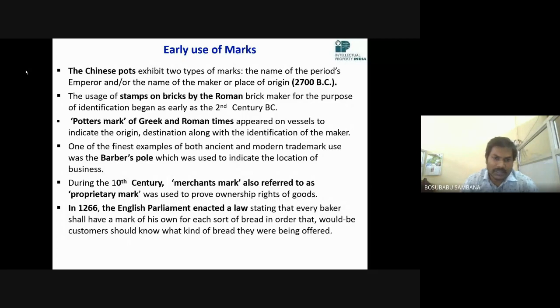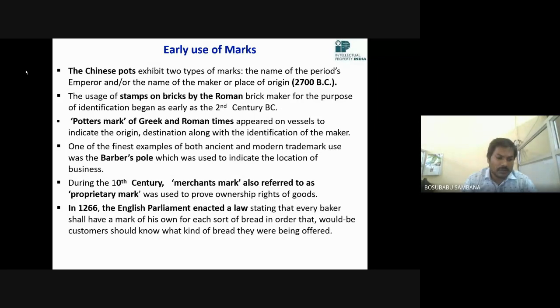During the 10th century, merchant's marks, also referred to as property marks, were used to prove ownership rights of goods. Later, the first English Parliament enacted a law in 1266 that every baker shall have a mark of his own for each sort of bread in each order.